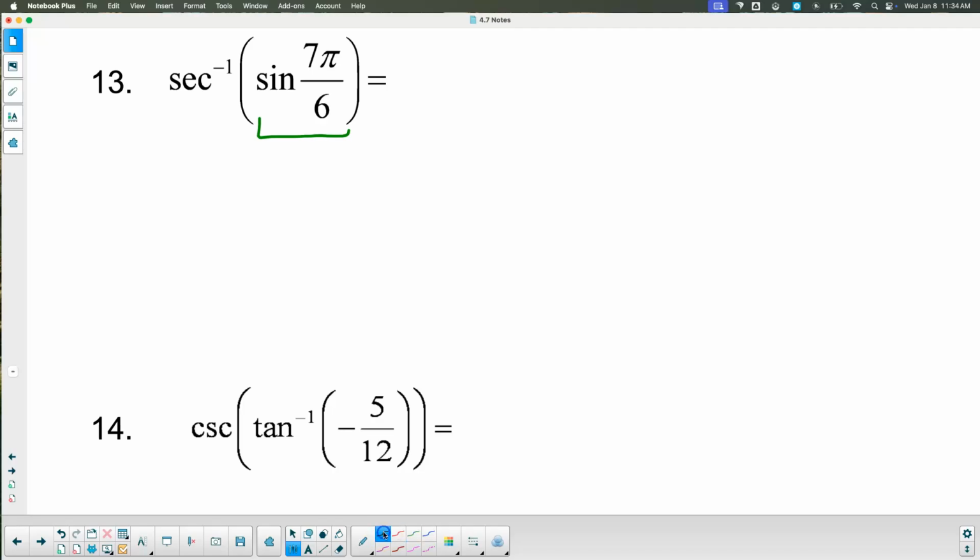So this is inverse secant of -1/2. Okay. Inverse secant is like the reciprocal of inverse cosine, right? Okay.